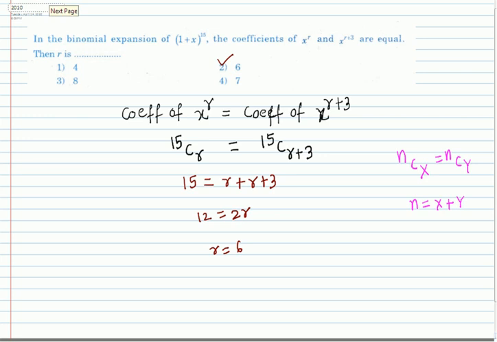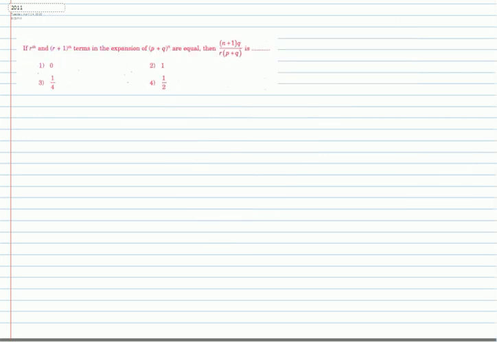Let's go for the next question. If the rth and (r plus 1)th terms in the expansion of (p plus q) whole raised to n are equal. Let us recall what is given in the problem. He has given that the (r plus 1)th term and the rth term in the expansion are equal.